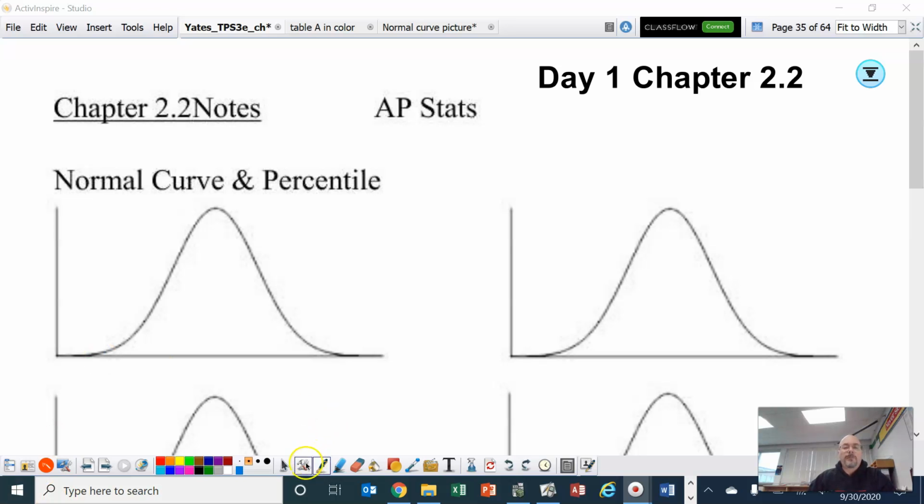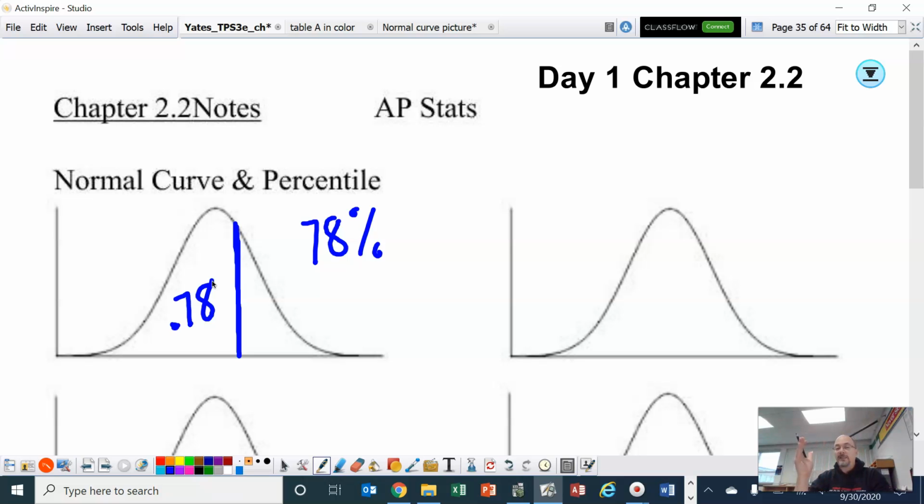For example, if I said I am in the 78th percentile for my height, that means I am taller than 78% of the people. So my area to the left of whatever that is would be 0.78.